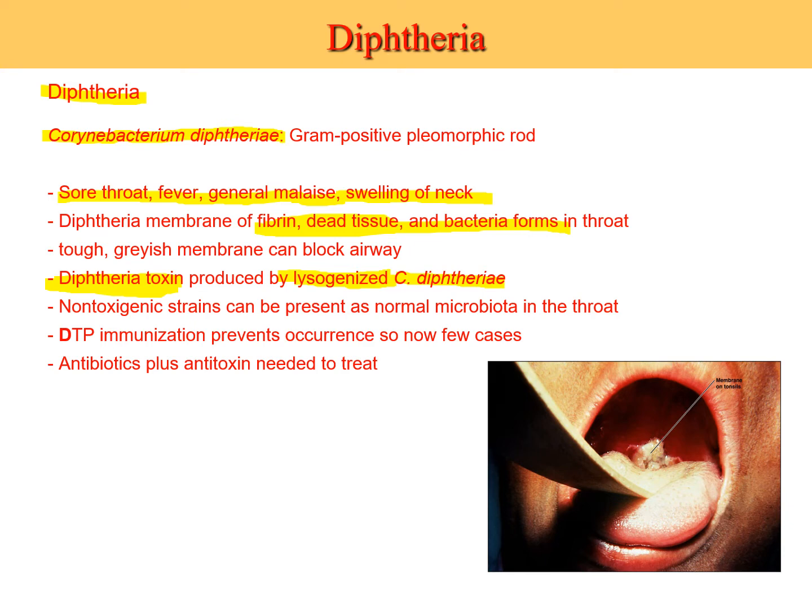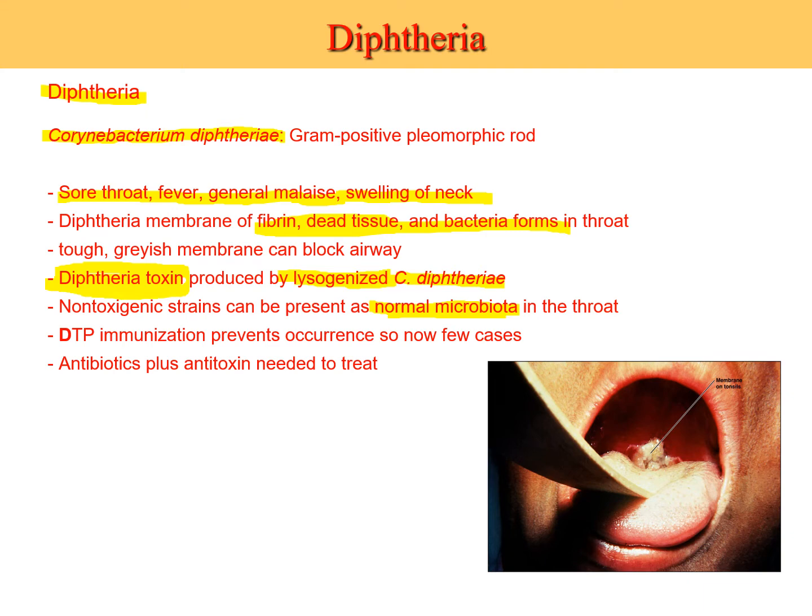Non-toxigenic strains, the ones that don't have the gene, can be present as completely normal microorganisms in the throat. You can find it in the throat of many people. Doesn't cause any problem because it doesn't have the gene coding for this toxin.